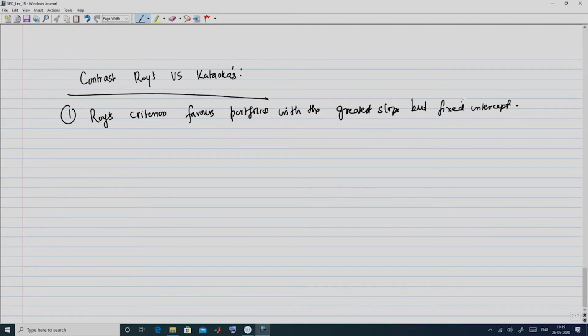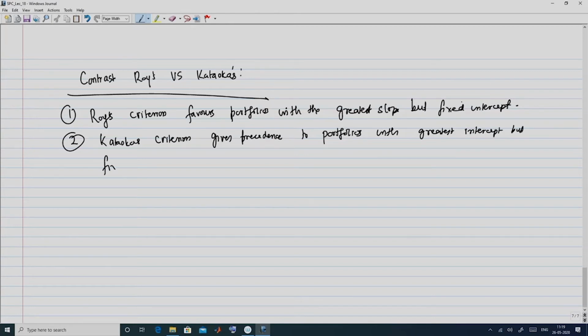Recall this from the previous class. And from the discussion that we have completed just now, Kataoka's criterion gives precedence to portfolios with greatest intercept but fixed slope.